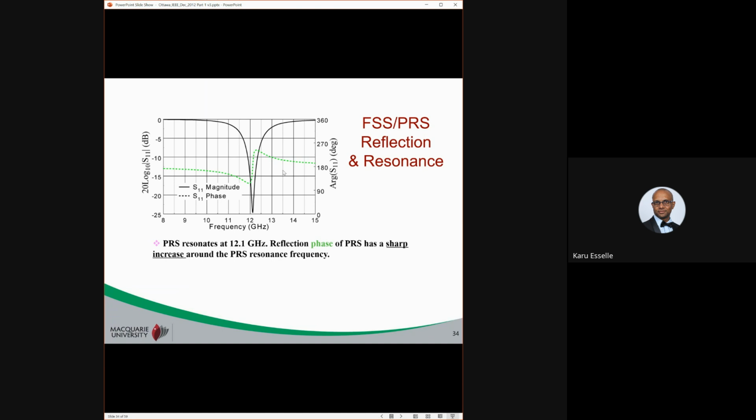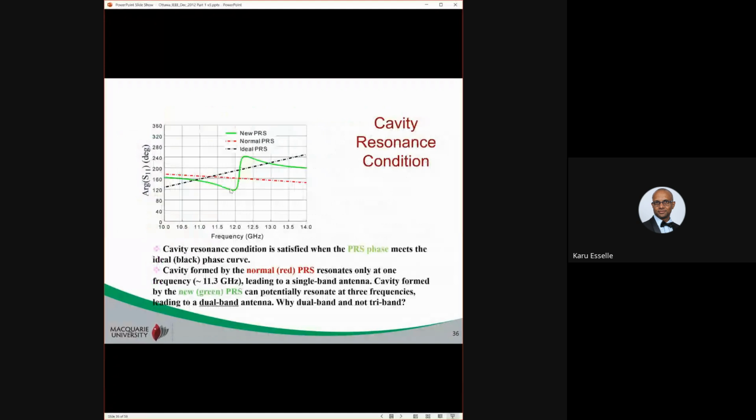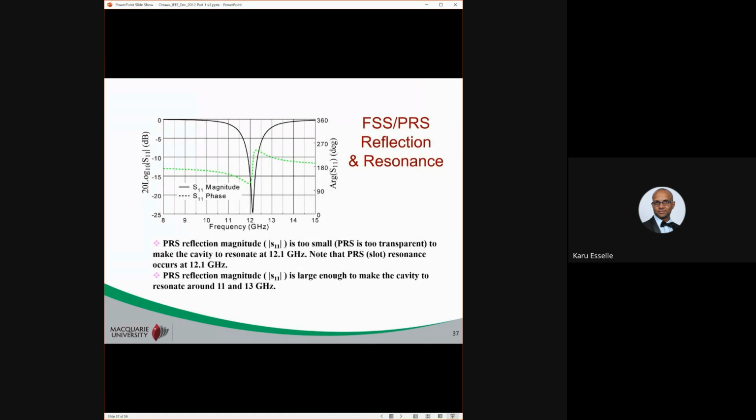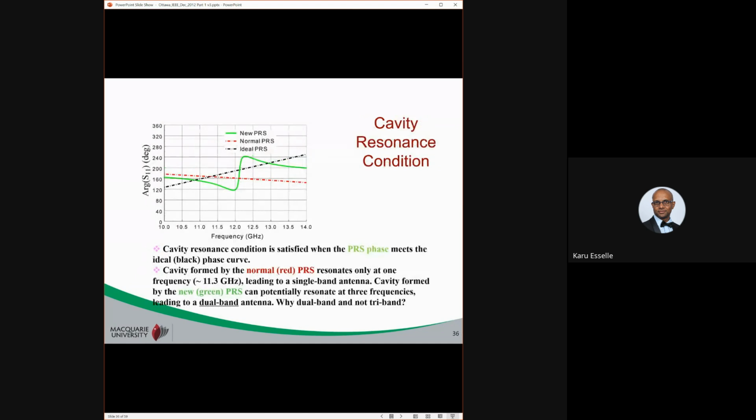And now when you look at the resonance condition, it meets the resonance condition at this frequency and this frequency and also at this frequency, right?